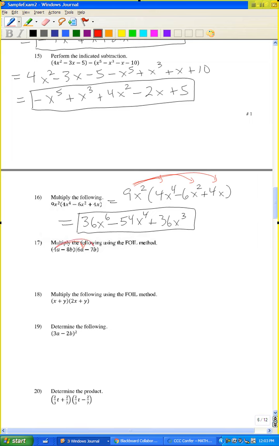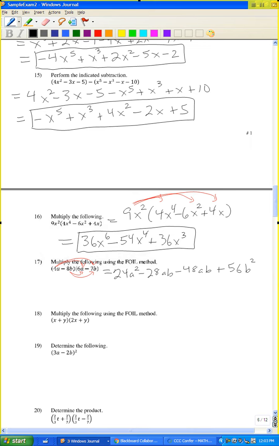First, outer, inner, last. So this is equal to 24a squared minus 28ab minus 48ab plus 56b squared.